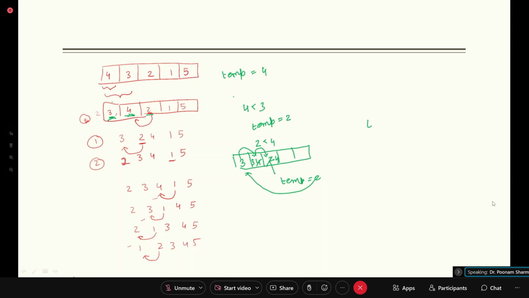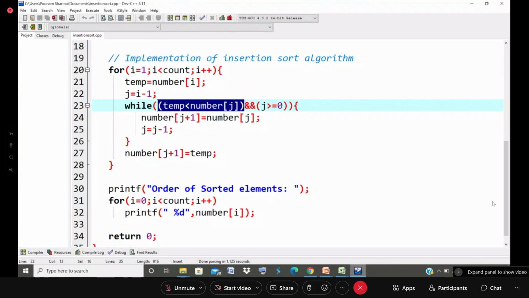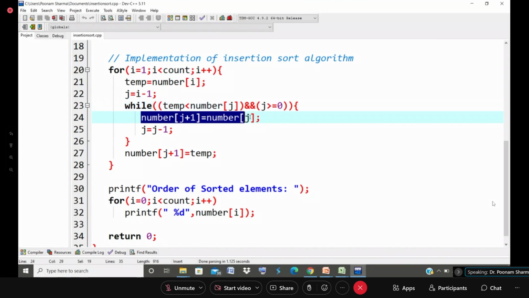How this thing is being done is this part. This is shifting the values to the next place. J plus 1 means next place. What you're doing, you're sending the value from the last place to the next place.